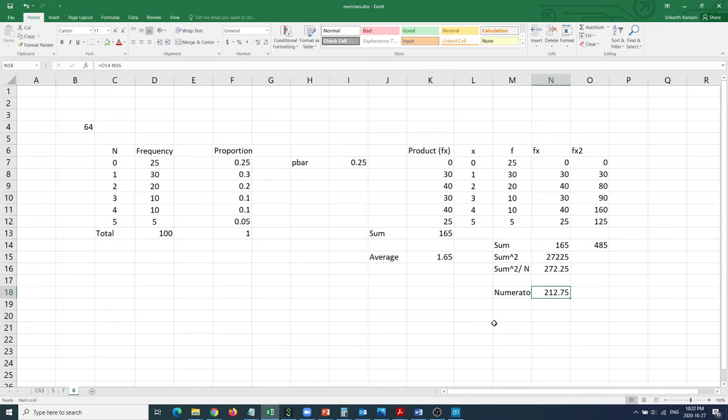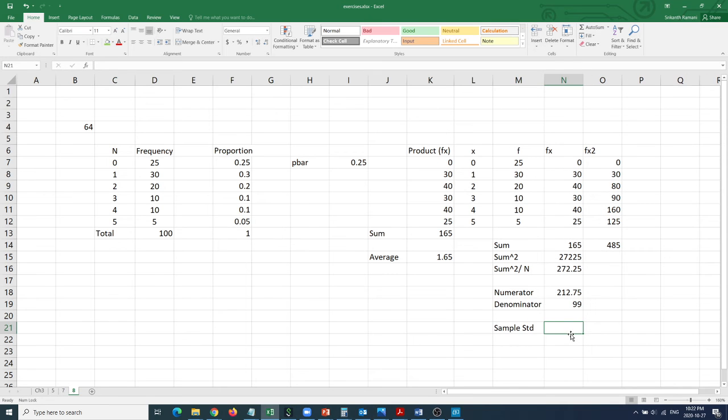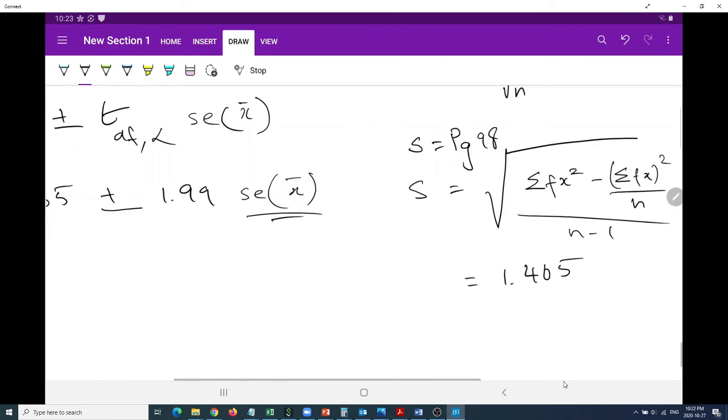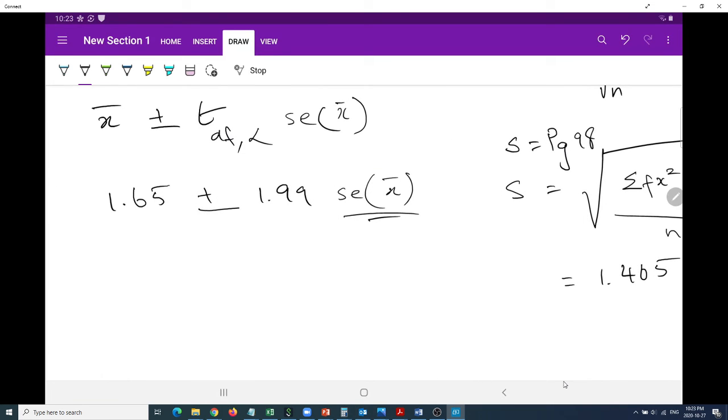And the denominator is n minus 1, which is 99. And so the sample standard deviation is going to be the square root of the numerator divided by the denominator. Okay, so that's your sample standard deviation. So that is s over here. And once you find your s, it is 1.465. We substitute it over here.